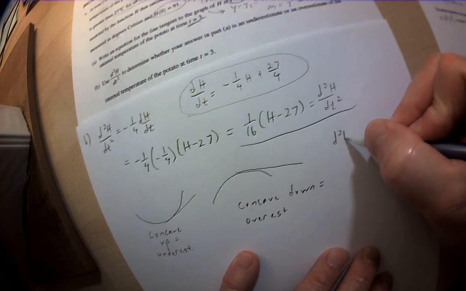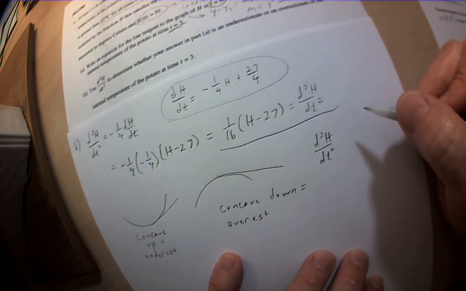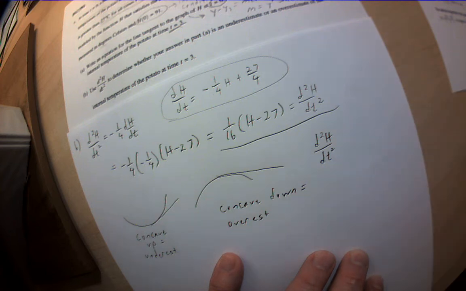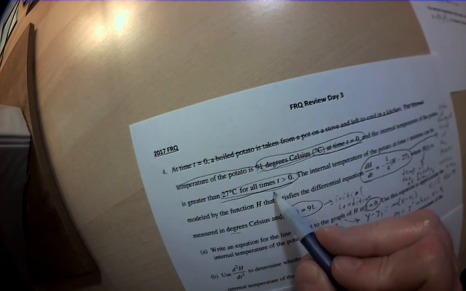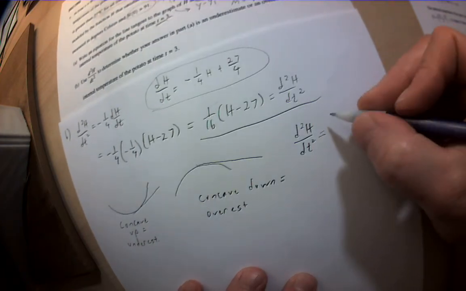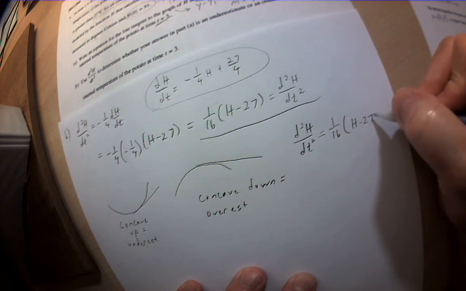So the second derivative of h with respect to time at time t equals 3, and I think we want to use... Oh gosh, that's right. Here, this is where this 27 degrees comes in. It's always above 27 degrees. The temperature never falls below 27 degrees. So the second derivative is 1/16 (h minus 27).